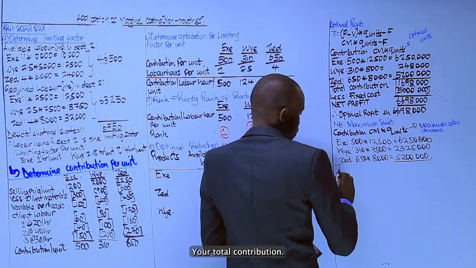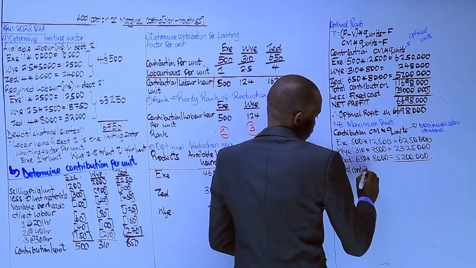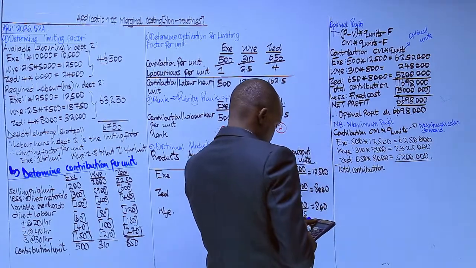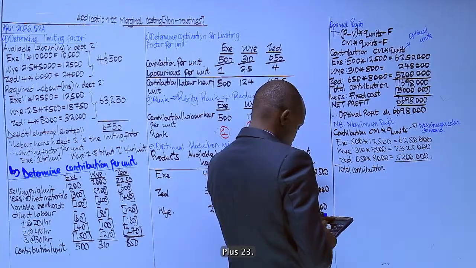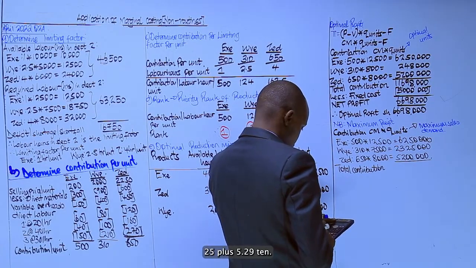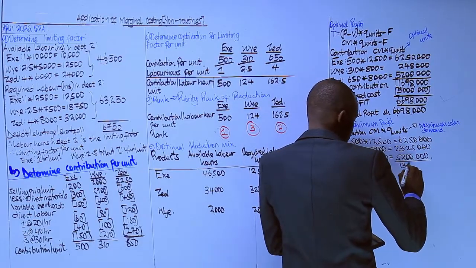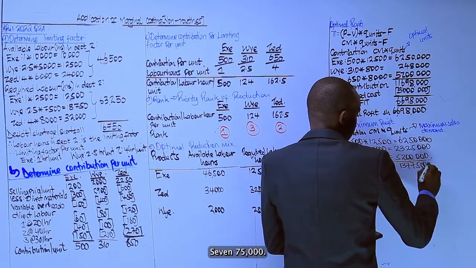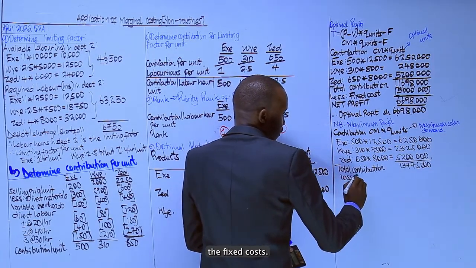Your total contribution is 6.25 million plus 2.325 million plus 5.2 million, which is 13,775,000. Then you less your fixed costs.